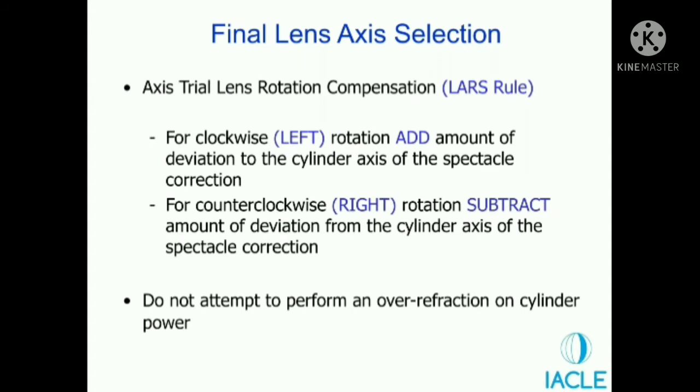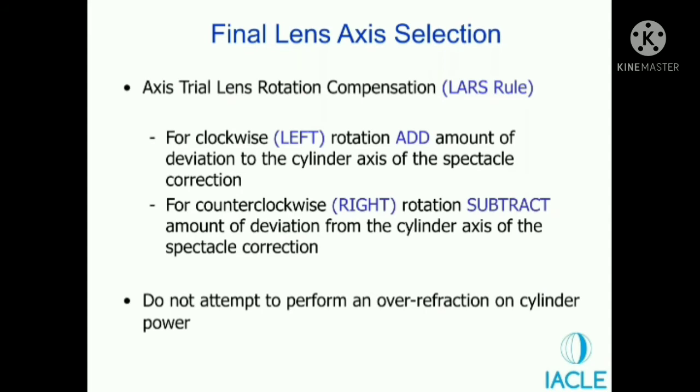So suppose the lens rotates clockwise. What do you do? For clockwise rotation, you add the amount of rotation to the axis of the spectacle correction. Remember this, this is very important. So what do you add? You add how much the lens has rotated on the eye.